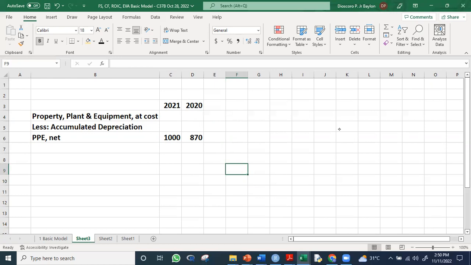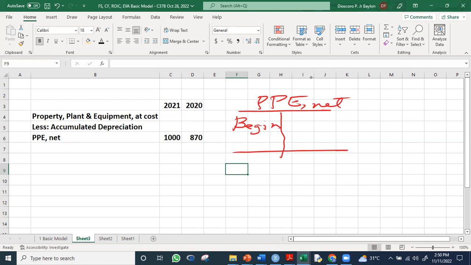If you recall from your accounting, just a little bit of a review, if we were looking at PPE net, we can have a T account for that. Then we have this beginning value. And then what are the adjustments to the net property, plant, and equipment?